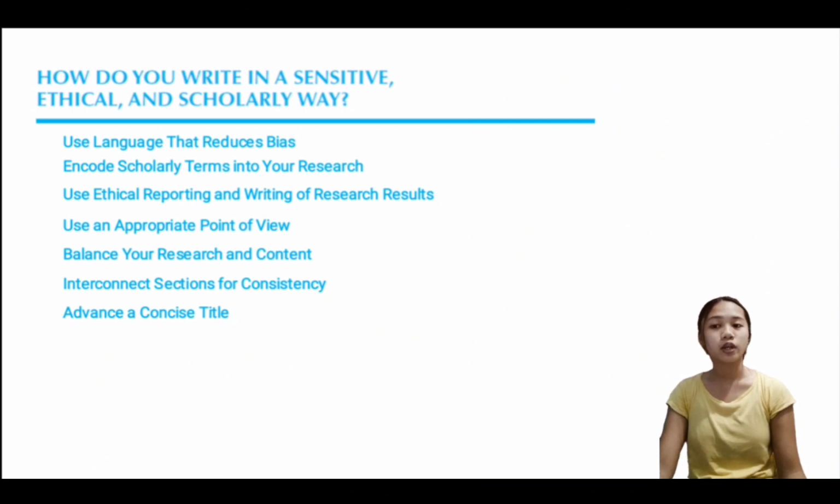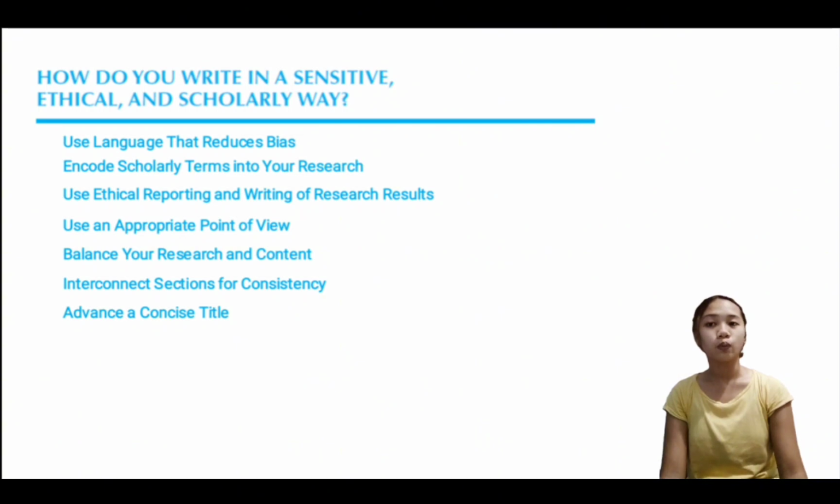Bias happens when writers choose language that is either not specific or not sensitive to labels. Section 5 of the APA manual covers the many ways that bias can happen or appear in writing and how to avoid them. So, use the third person point of view.